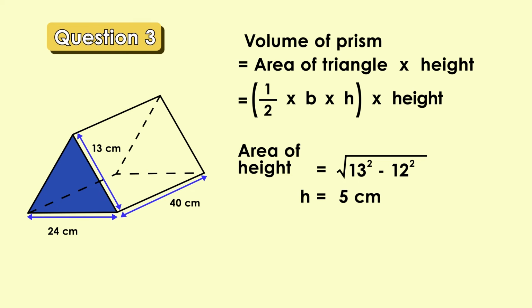We can now proceed to find the volume of the cake loaf. The area of the triangle is 1/2 multiplied by 24 multiplied by 5. And the height of the prism is 40 centimeters. Therefore, the volume of the chocolate cake loaf is 2,400 cubic centimeters.